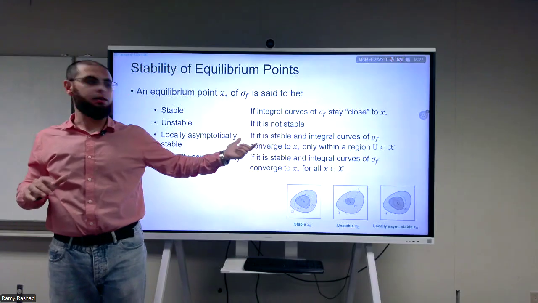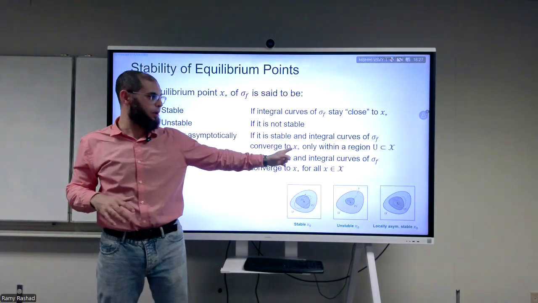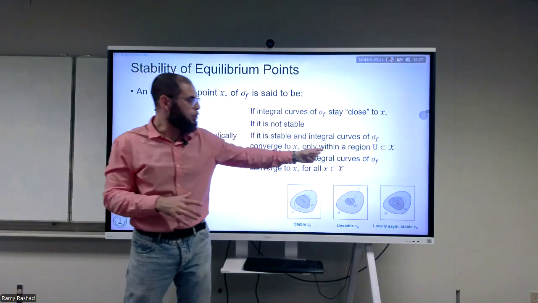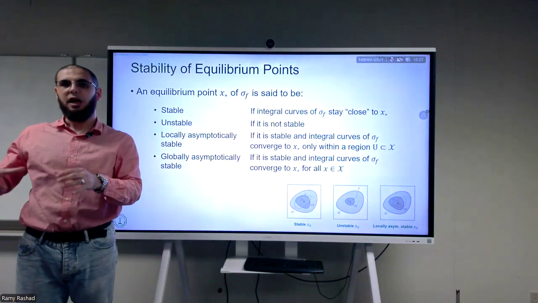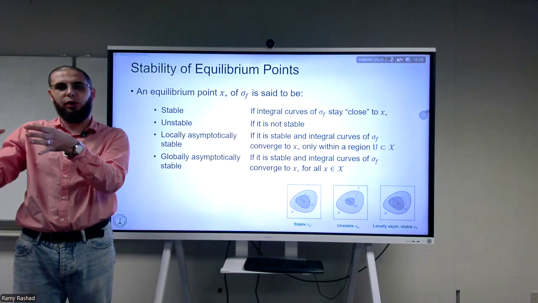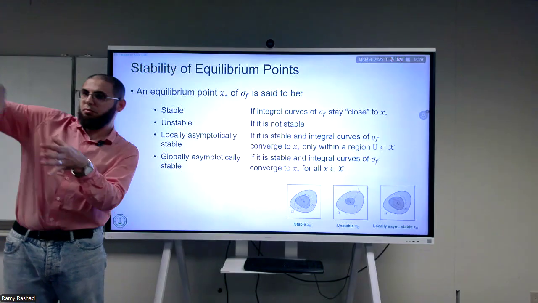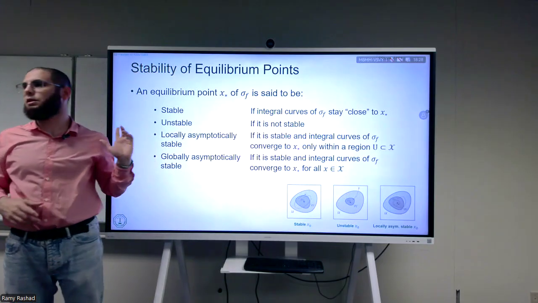But not only that, the integral curves of the vector field will also converge to x star whenever you're within some region U. So if you can find some closed region around the equilibrium point such that if you start there, you just go to the equilibrium point, we call this locally asymptotically stable.